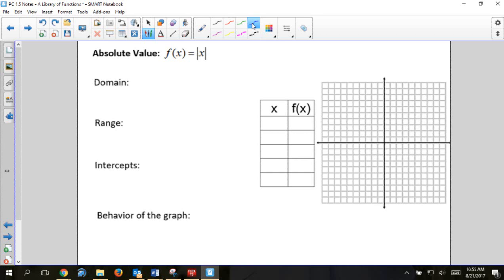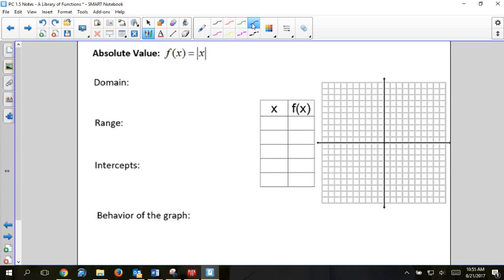Absolute value is a V. When you draw an absolute value graph, it better look like a V. So if you draw an absolute value graph and it's just a line, you know you're doing something wrong. Or if you connect it and try to somehow make it look like a U because you've seen U's before, absolute value is a V.